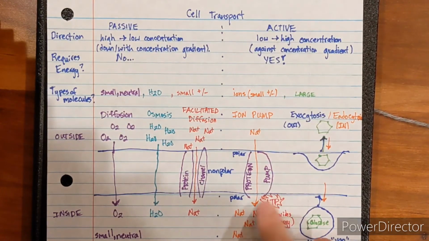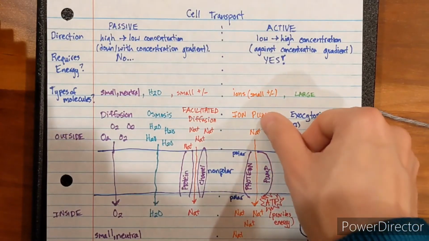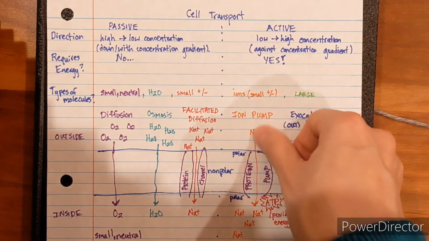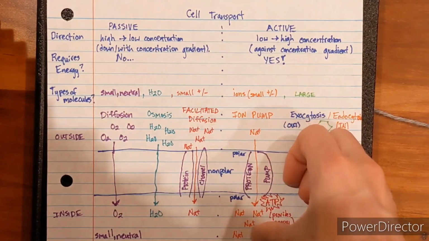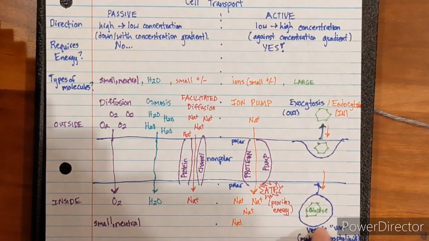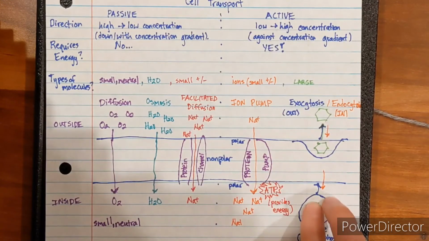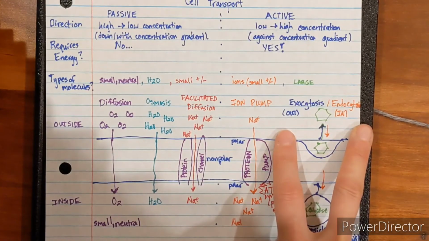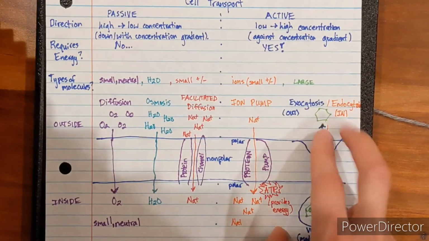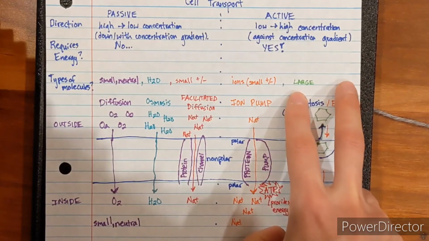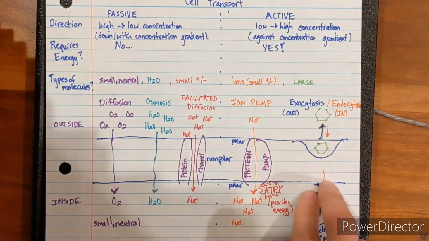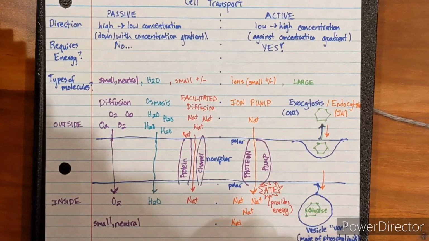It requires things like ATP or energy molecules to force molecules against their concentration gradient from low to high. Or it involves quite a bit of work with the cell membrane, in which a small vesicle will actually come up and fuse with the cell membrane to release a large molecule, or vice versa. A vesicle will come to the cell membrane, fuse with it, and release a large molecule into the cell.